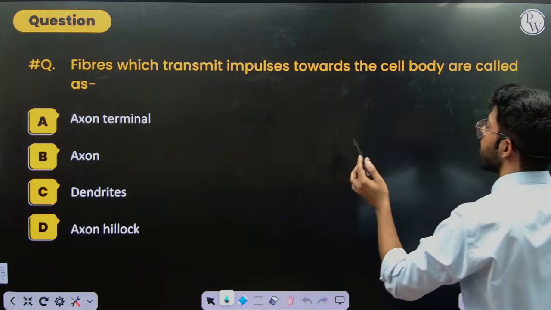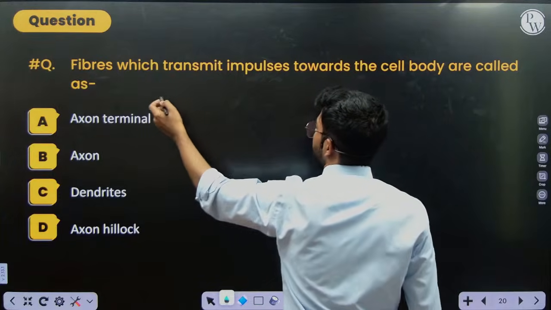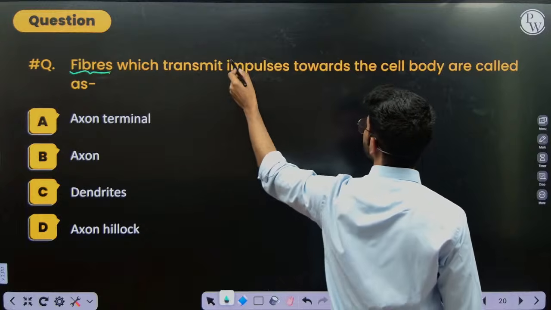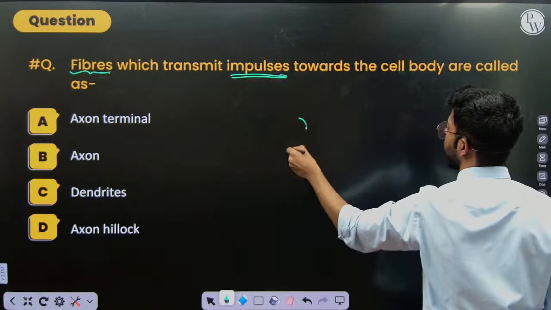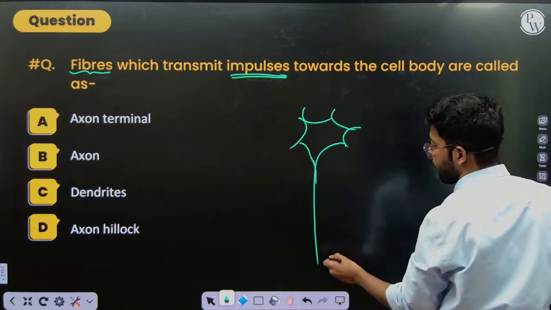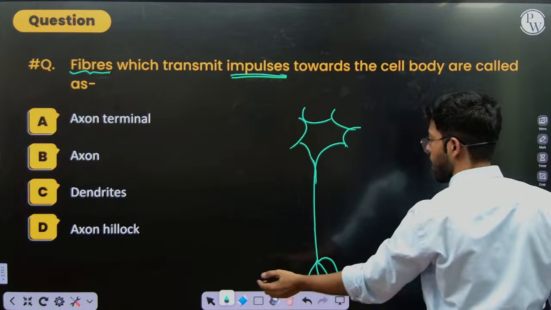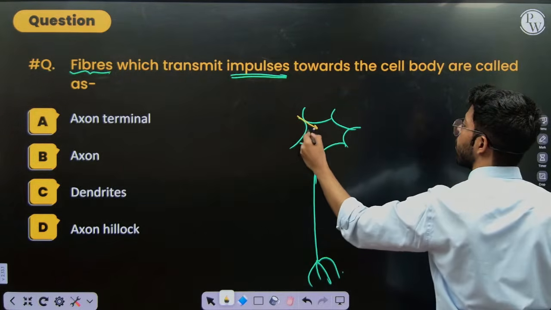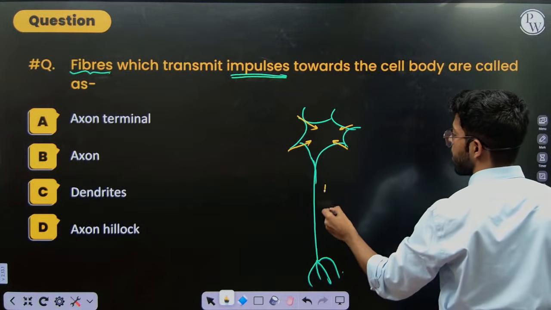Fibers which transmit impulse towards the cell body are called as. Now the question is asking about the fibers which transmit impulse towards the cell body. That means in this direction, not in this direction.